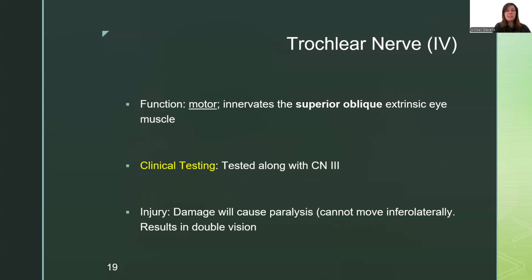This is a motor nerve, and it controls the superior oblique muscles of the eye, right? Which allows the eye to move downward and laterally. Testing along with the oculomotor nerve is by observing the eye's ability to follow moving objects. Damage can result in difficulty moving the eye downward or laterally, and it can also lead to double vision.